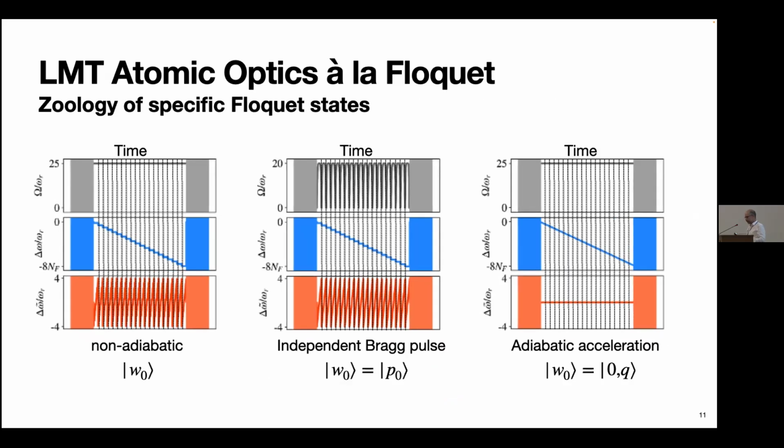If we take a few examples, for the very deep Bragg regime, the Floquet state will be a momentum state. For an adiabatic acceleration, the Floquet state would be this Bloch state. And in our case, we are in some intermediate regime.